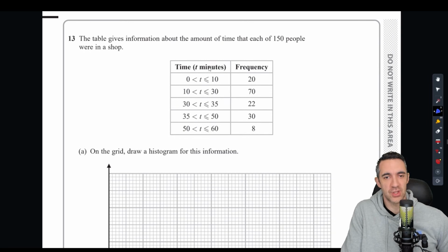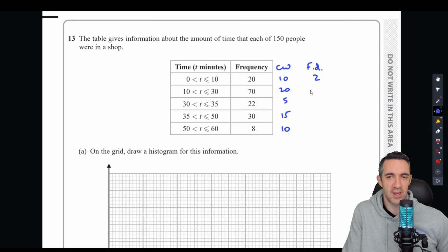So aiming for 2. So frequency, time. I need my class width. To do this, so I've got my class width, 10, 20, 5, 15, 10, and I get my frequency density. So 20 divided by 10 is 2, 70 divided by 20 is 3.5, 22 divided by 5. Ooh, could make a mistake here.